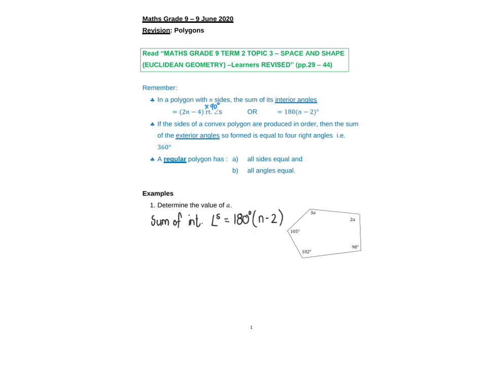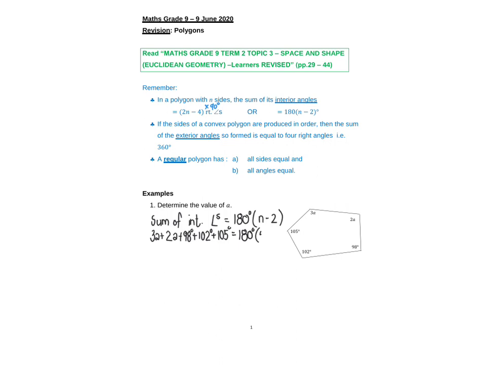We substitute the sum of the interior angles by adding all those angle values given to us: 3a and 2a, and then 98, 102 and 105 degrees. That is equal to 180 degrees times, and now we can replace n with 5, because we know the number of sides. That's not what we want to solve. What we want to solve is the only variable that's left, and that is a.